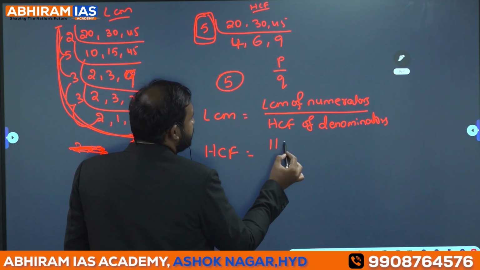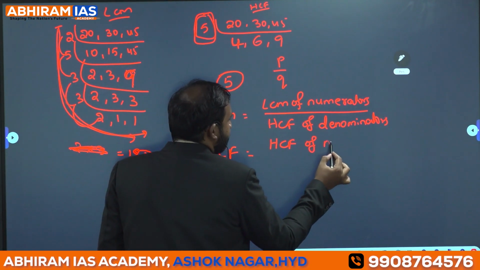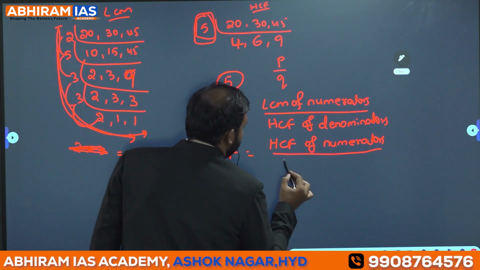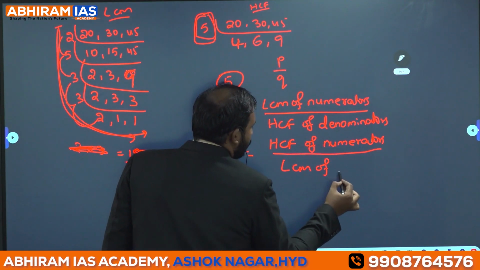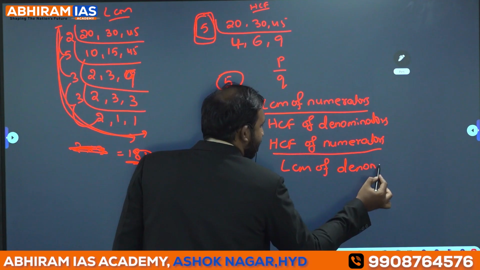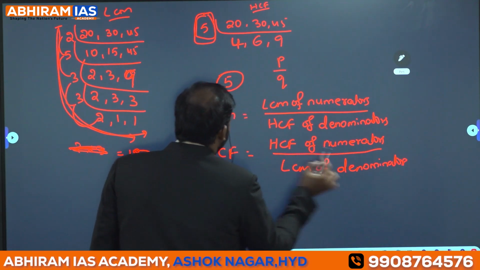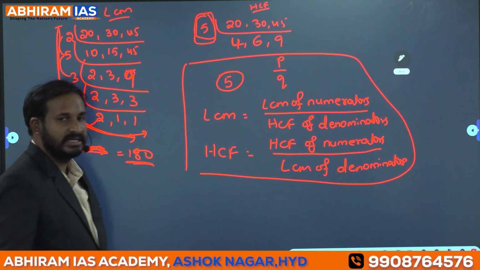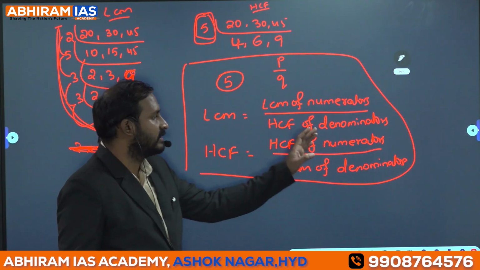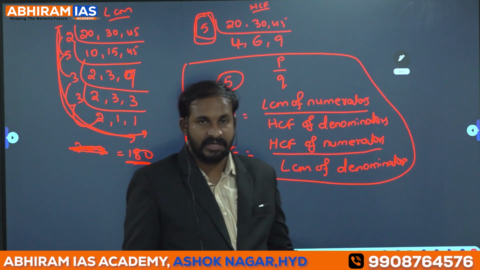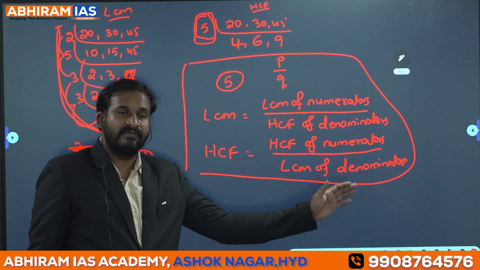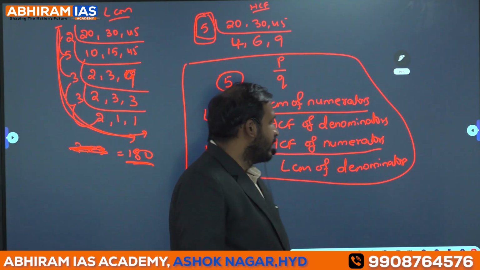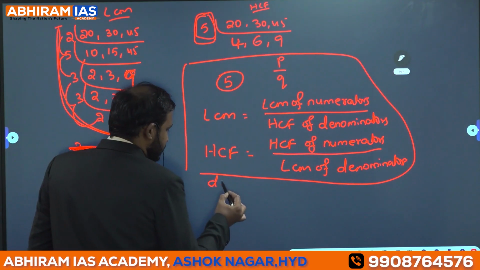HCF of numerators by LCM of denominators. So if the given question is of the form p by q, and you want to find the LCM and HCF for them, it is LCM of numerators by HCF of denominators, and HCF of numerators by LCM of denominators.